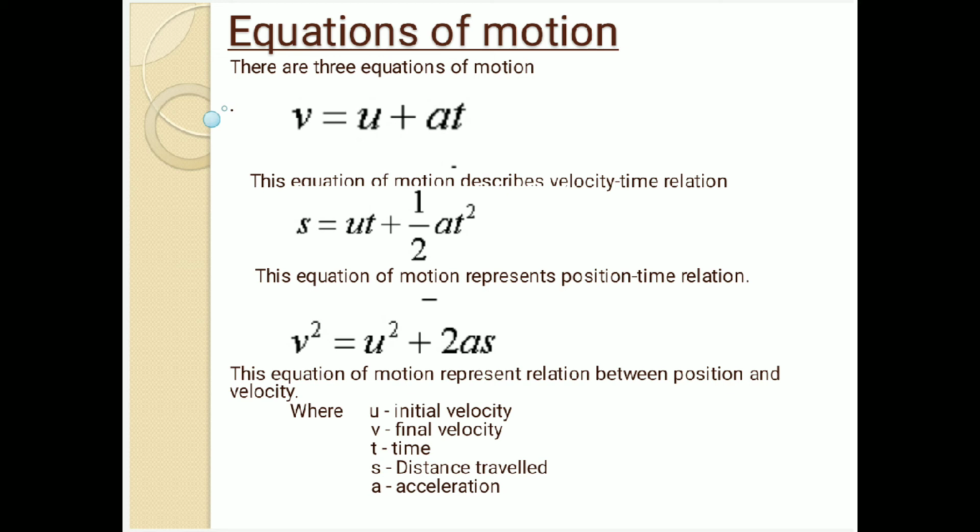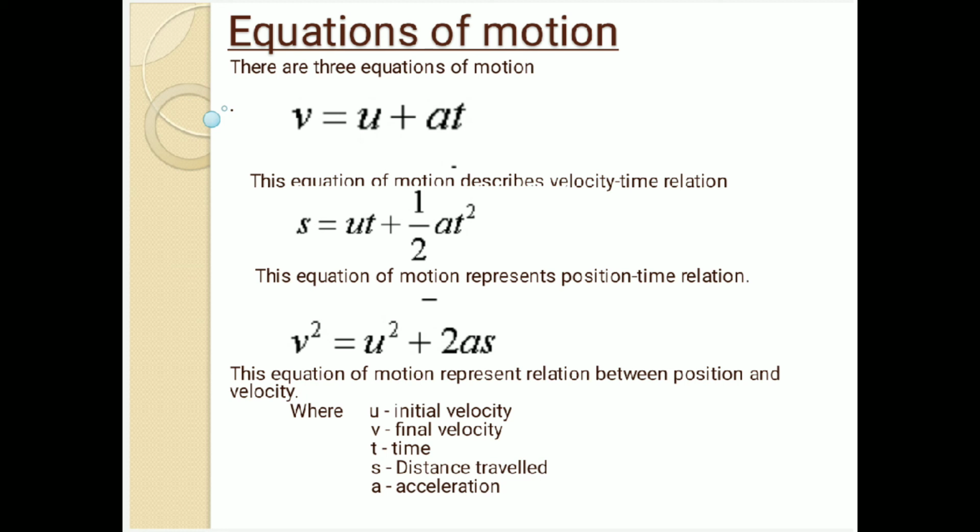This equation of motion represents the relation between position and velocity, v² = u² + 2as or v² − u² = 2as. In equation of motion we may ask: v² − u² = 2as gives the relation between dash and dash.